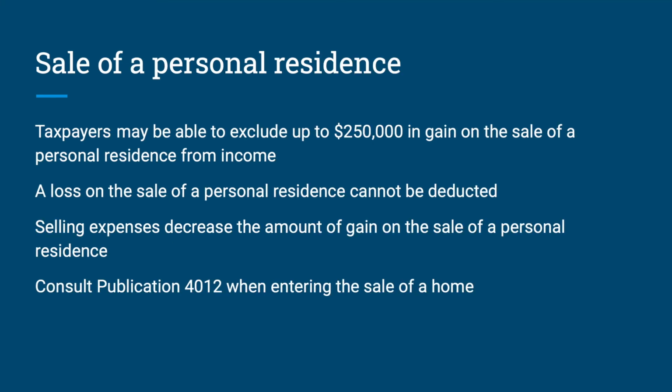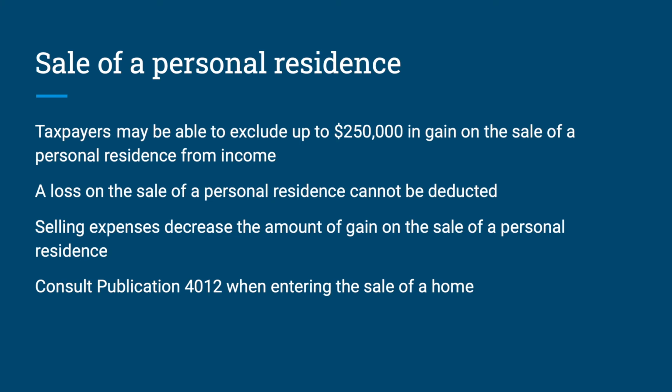And so getting specific here, where we see a little bit of a difference in how some capital gains and losses are treated is the sale of a personal residence. Taxpayers may be able to, not always, it's a may, so definitely use the instructions and resources in TaxSlayer and the different resources that we have. Taxpayers may be able to exclude up to $250,000 in gain on the sale of a personal residence from income.